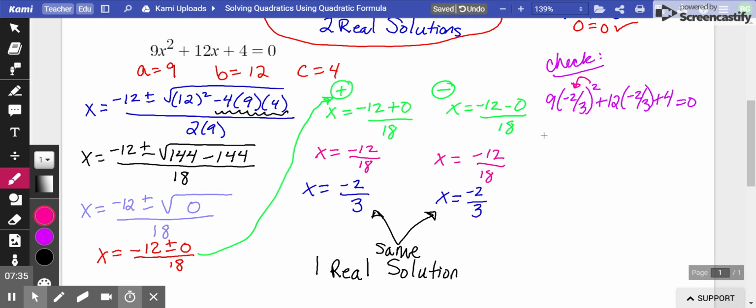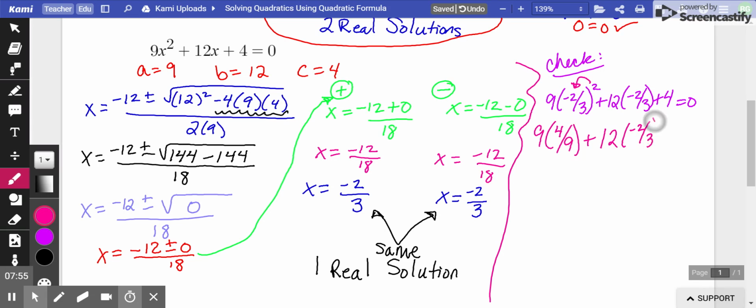Square your fraction first. When you square a fraction, you square the numerator and square the denominator. So negative 2 squared is 4 over 3 squared is 9. So negative 2/3 squared is 4 over 9. So we have 9 times 4/9 plus 12 times negative 2/3 plus 4 equals 0.